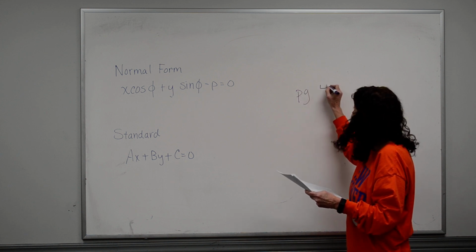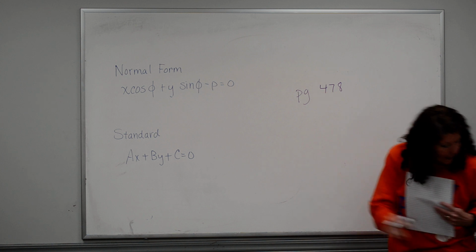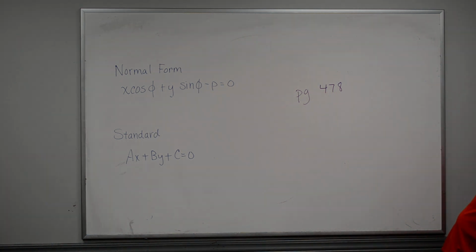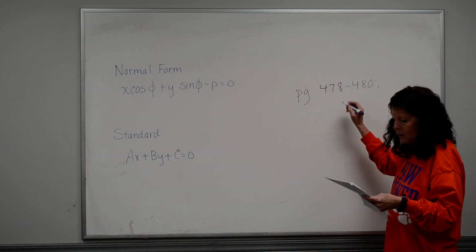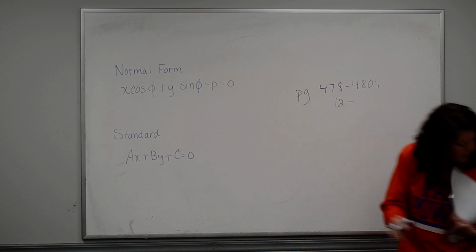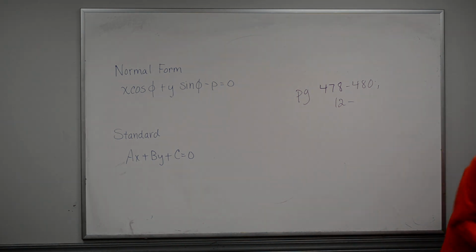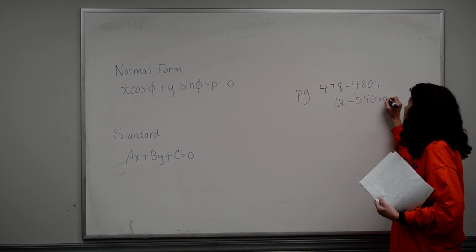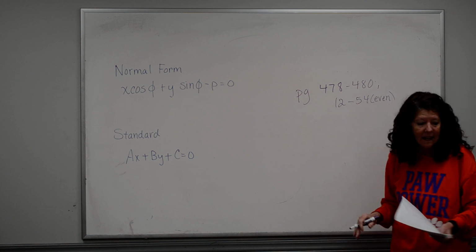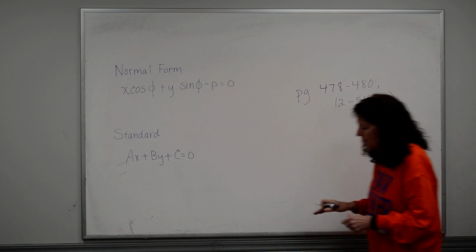So on page 478 through 480, I want you to do 12 through 54 even. And like I said, in your packet of information, you actually have the answers to those problems and those problems done out.